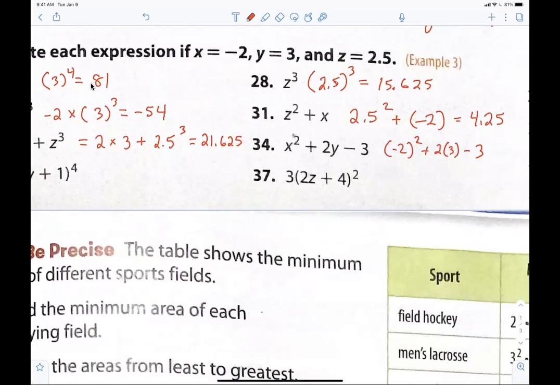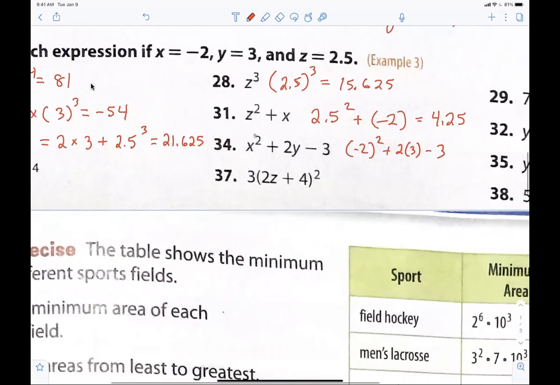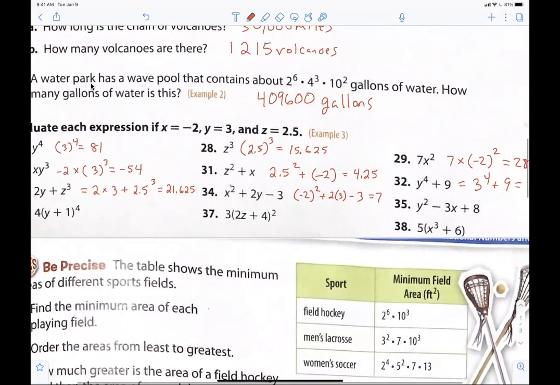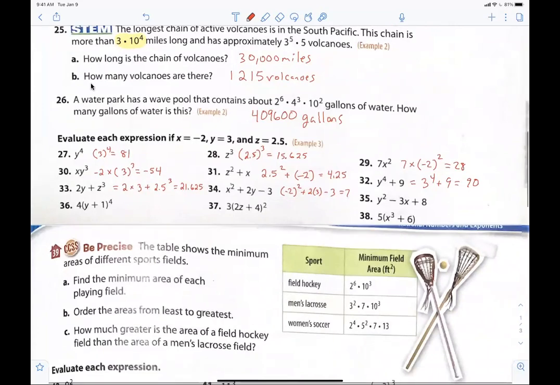That would be 7. You are correct. If it's negative, you need parentheses around the negative. Do you hear me? So make yourself a note if you're not sure. All right.